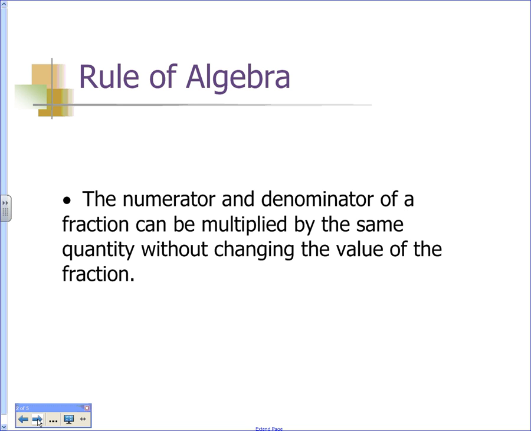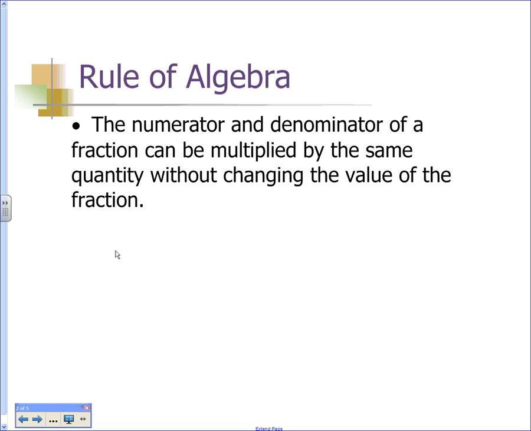When you're dealing with fractions, you can multiply the numerator and the denominator by the same thing. It doesn't change the value of your fraction. Y'all remember that? Is that the same thing?